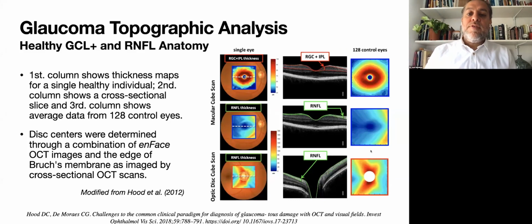What this shows is that there is a pattern that we have on normal eyes. The pattern of the ganglion cell layer on the macula, the pattern of the RNFL thickness layer on the disc, and also on the macula are the same on all the control eyes. So anything that alters this pattern will be abnormal.